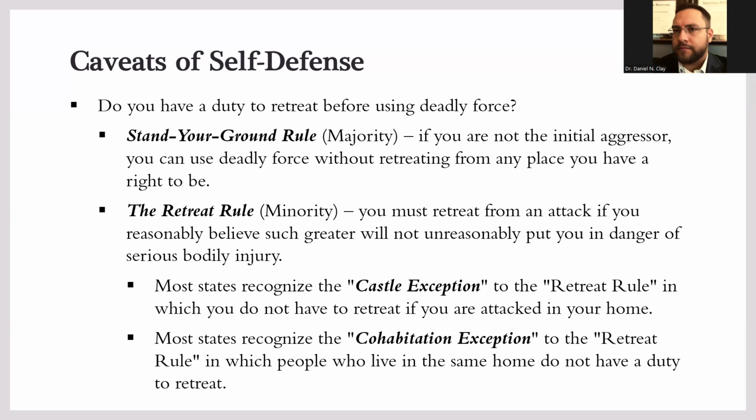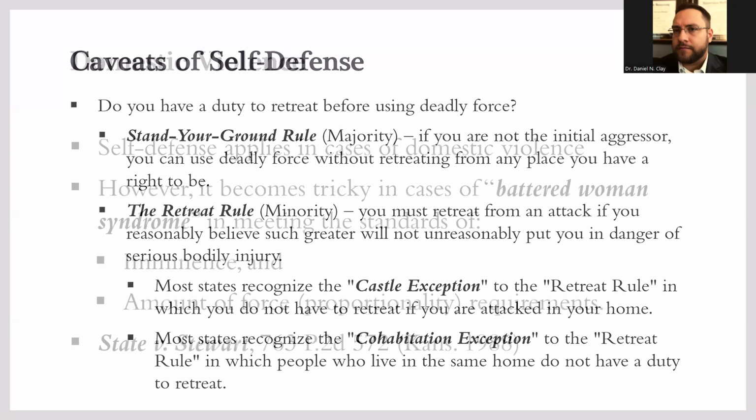In most states, you don't. Most states, it's basically the castle exception applies to you. However, some states say no. Some states say if you get attacked by your significant other or a roommate, you still have to try and run away. But again, this is the vast, vast, vast minority of states. It's only just a couple that still require that.